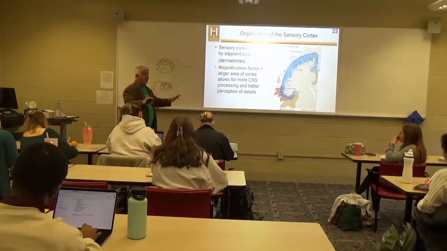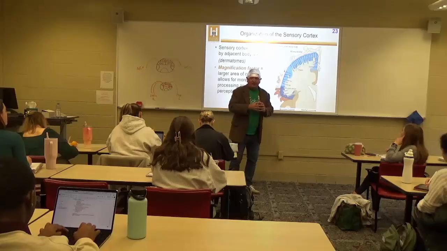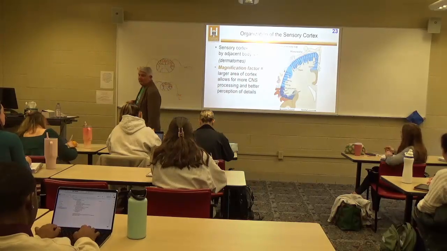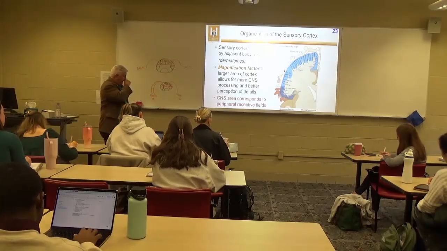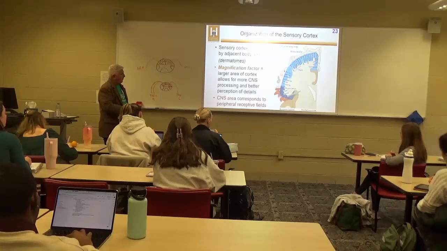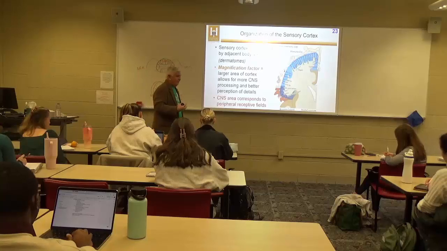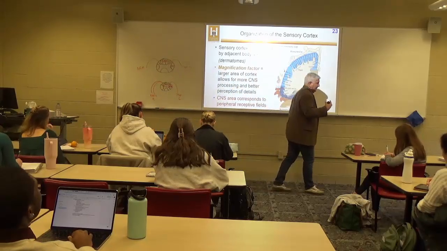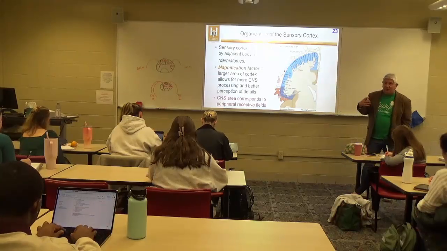Same thing with our hands. We're exploring our environment. We have a lot of receptors. We're going to devote a lot more processing power to our hands. So again, I made the point that the amount of CNS is directly correlated with the number of peripheral receptors for those parts of the body.